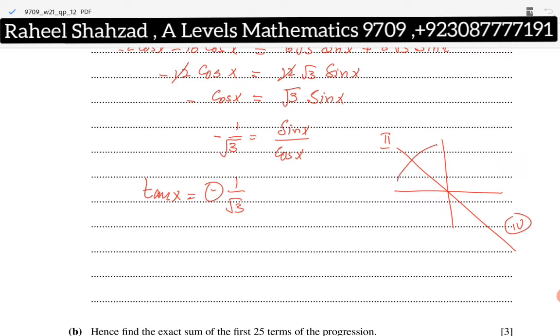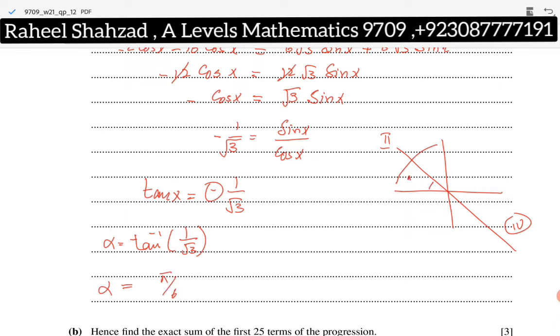So you are going to use this concept. Now the basic angle will be equal to tan inverse of 1 divided by under root 3. That is pi divided by 6, right?